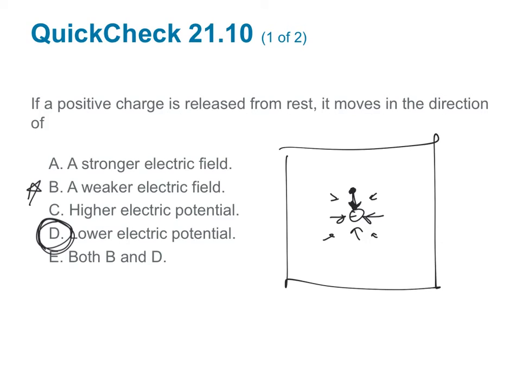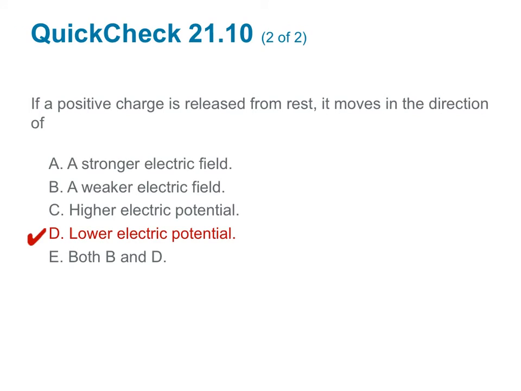Because if it was going to move to where the field was weaker, it would move out here or to the side. But it actually moves in the direction of the vector itself. However, it's going to move towards a lower electric potential because that's simply how charge flows. And there we see the answer.